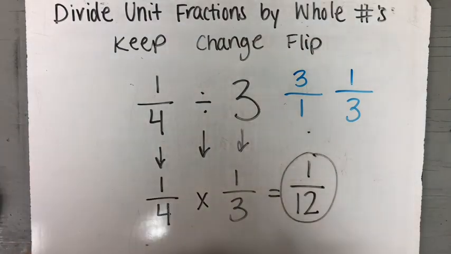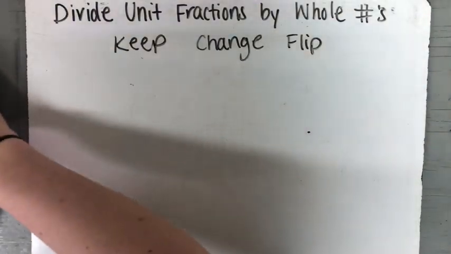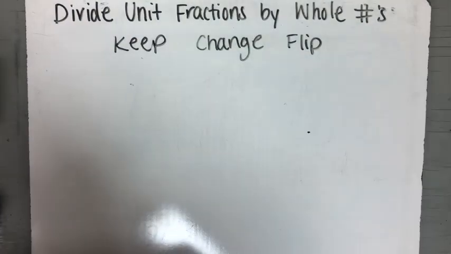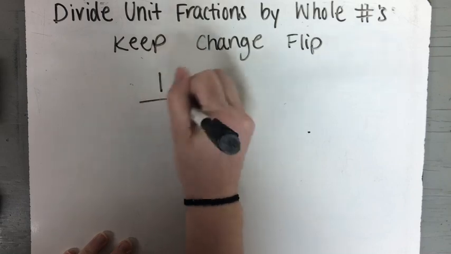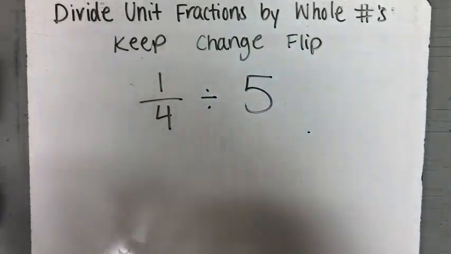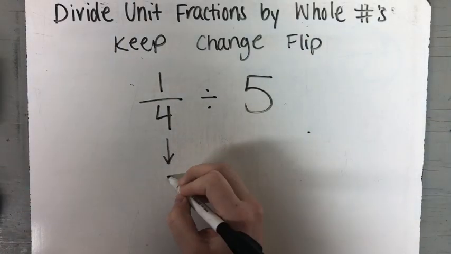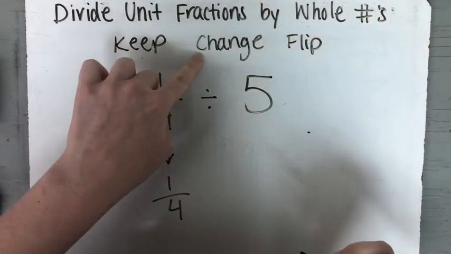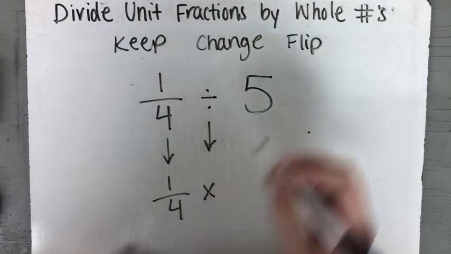Okay, let's do one more example. Okay, let's do 1/4 divided by 5. Okay, so keep the 1/4, change your sign to multiplication sign, flip your 5.